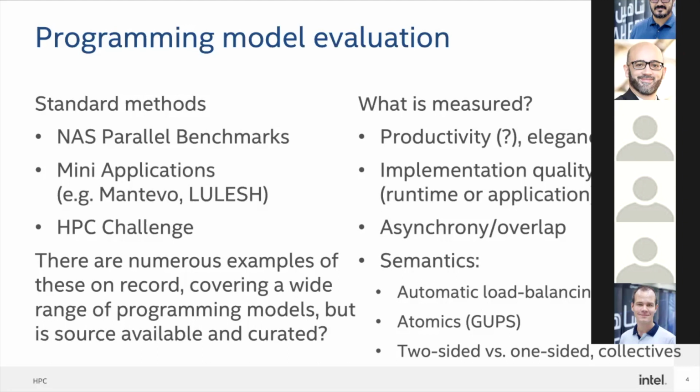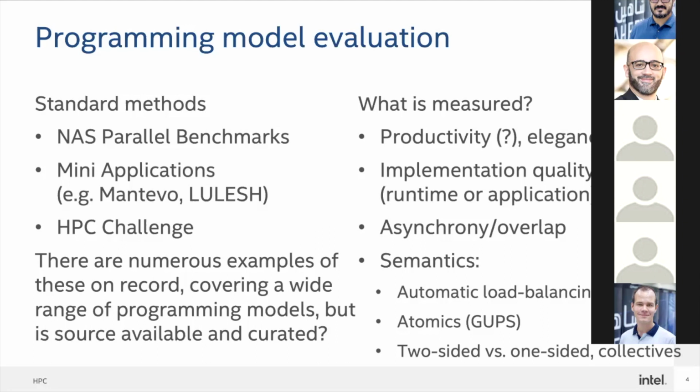And as you'll see, it turns out that even the amazingly simple, triad-like vector addition kernel reveals a non-trivial amount about programming languages. And so this is actually much of the data I'll show. So obviously, when you do these measurements, you're looking at different things, and the PRKs are designed to really focus on one or two properties at a time, very, very simple.